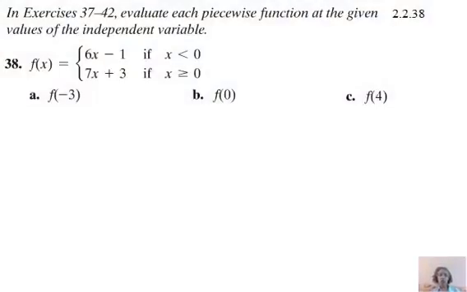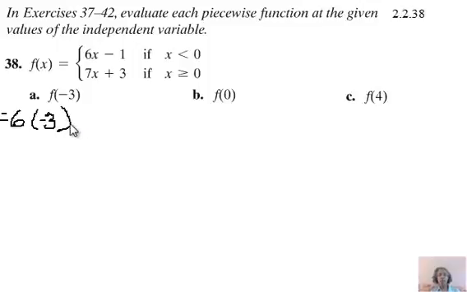Well, that essentially means that since negative 3 is less than 0, then I'm using 6x minus 1 to calculate this. So I replace x with negative 3.